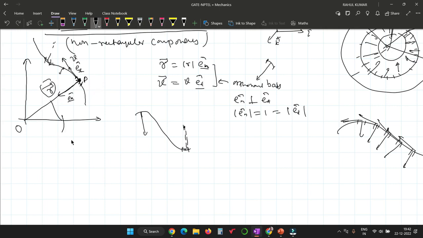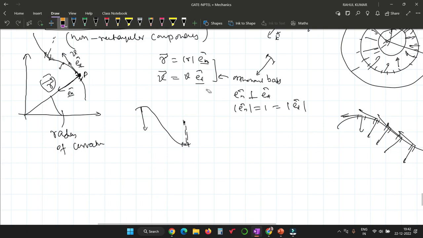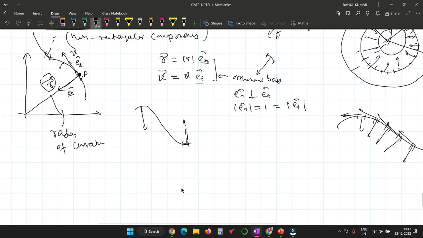It is the radius of curvature. It is not a polar distance, so do not get confused. Here I'm writing, it is not an origin. Is it good now? Shall I move further?